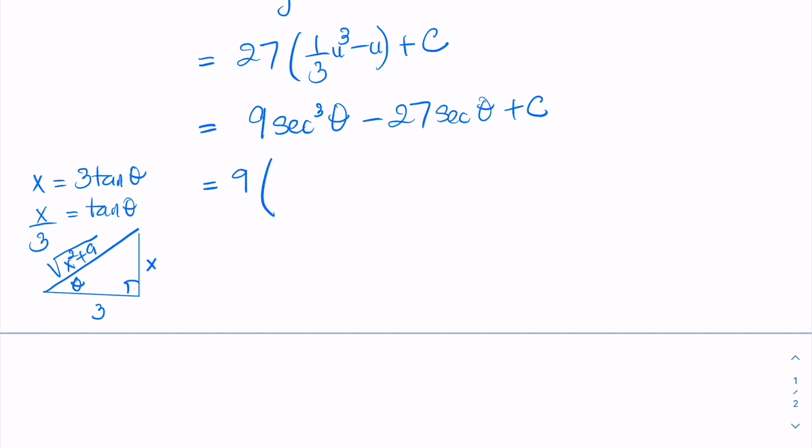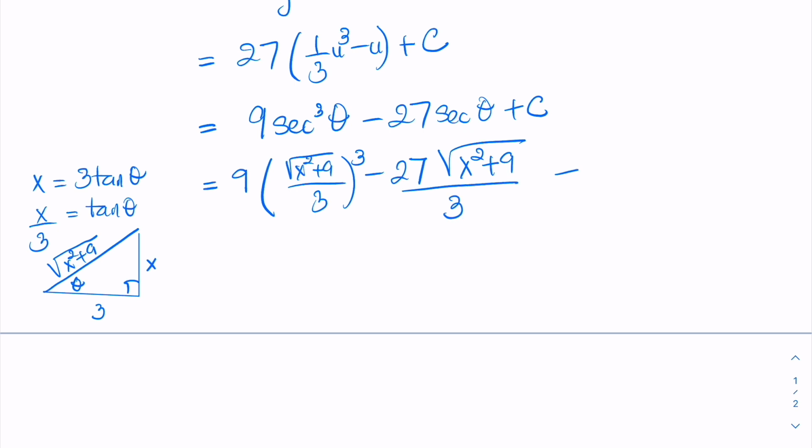Secant is going to be hypotenuse over adjacent. So I have square root of x squared plus 9 over 3 cubed, minus 27 times square root of x squared plus 9 over 3, plus c. Let's simplify it.